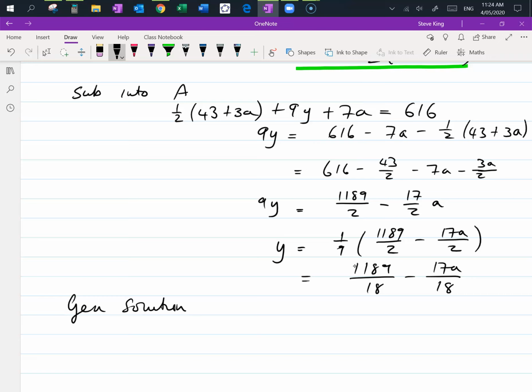We're going to have a point with the coordinates of 43 plus 3a all over 2. That's the x value. The y value is going to be 1189 minus 17a, all over 18. And the z value is going to be just a. So there's my general solution.